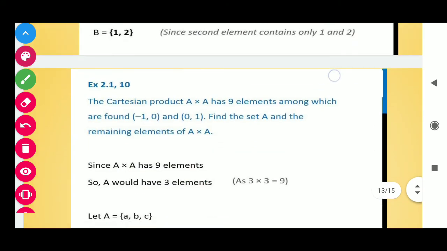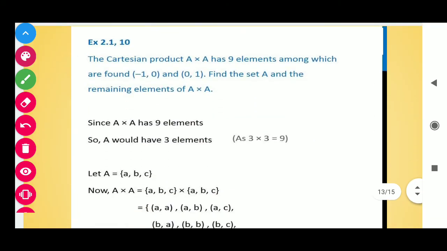Now students, move to the next question. This is the last question of the exercise. Question number 10: the Cartesian product A cross A has 9 elements among which are found (-1, 0) and (0, 1). Find the set A and the remaining elements of A cross A. Students, here the Cartesian product A cross A is given, which has 9 elements, of which 2 elements are given: (-1, 0) and (0, 1).